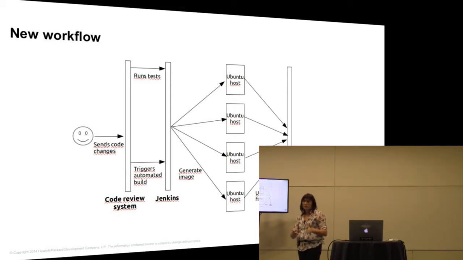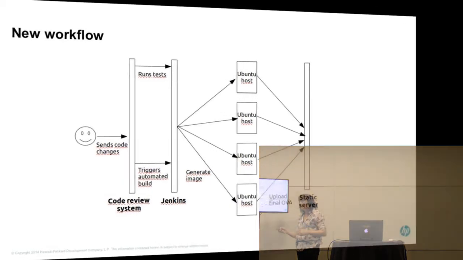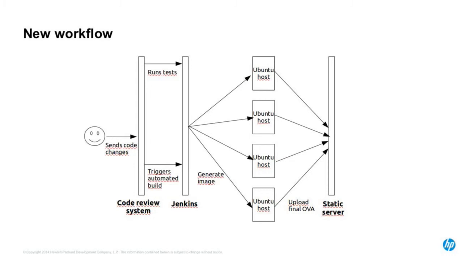The qcow2 image and the OVA image generation is happening now on the same node. We're avoiding all the ESX host usage and all the image uploads and downloads. So we're making this process easy to scale and faster, because there is no need for image uploads and downloads. It was network intensive, so this is very useful.